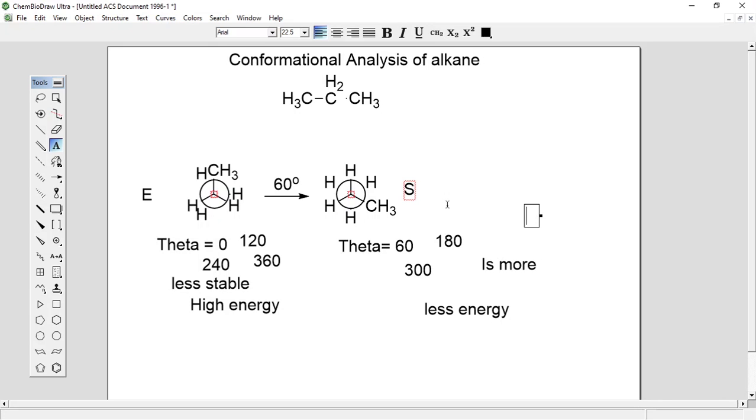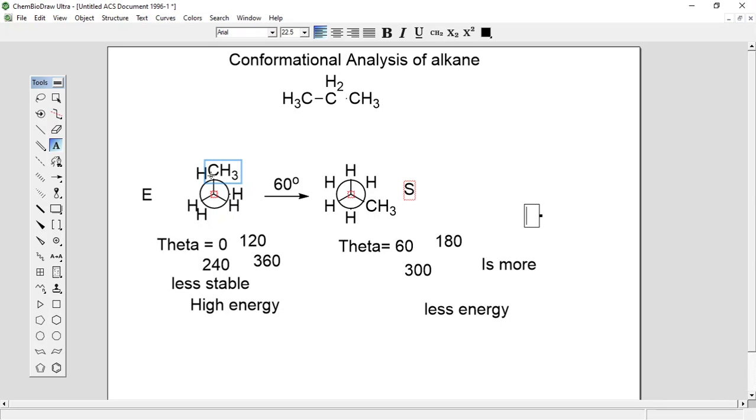It has 0.3 kilocalorie higher than ethane, and this 0.3 difference is due to the steric strain or steric hindrance between the methyl group and hydrogen atom, because this methyl group is a bulky group.